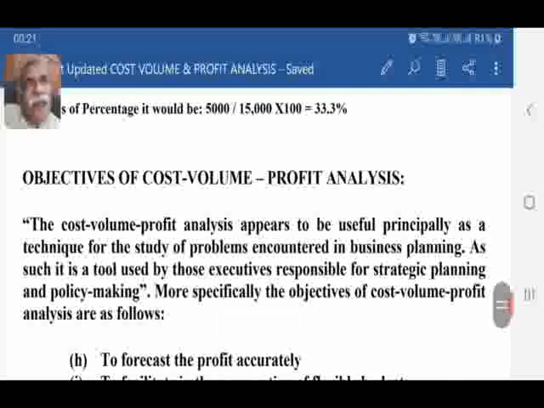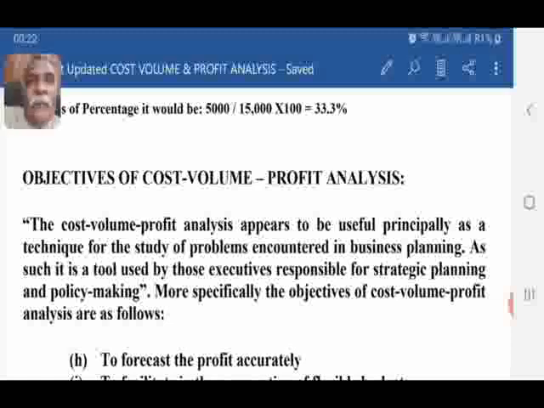Now, what are the objectives of cost volume profit analysis? The cost volume profit analysis appears to be useful principally as a technique for the study of problems encountered in business planning. As such, it is a tool used by those executives responsible for strategic planning and policy making.